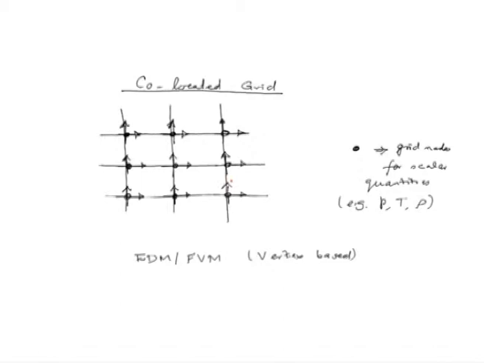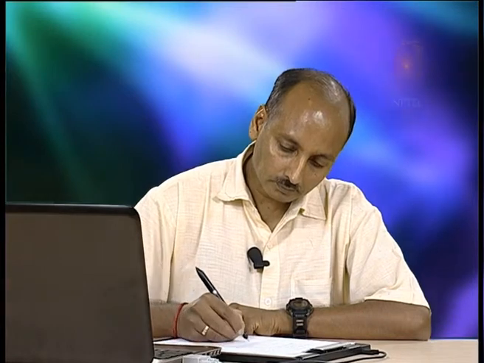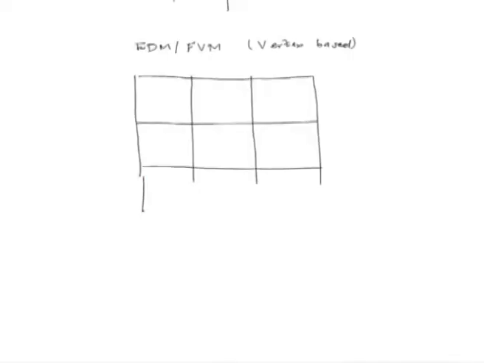Similarly, if you are using a cell centered formulation, that is your computational node is at the center of a cell, that is where all our problem variables or flow variables are defined, that is to say at the centroid.